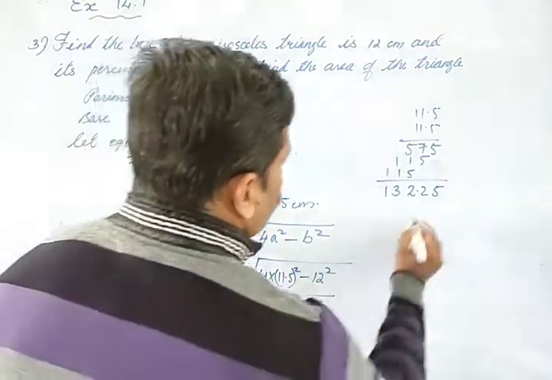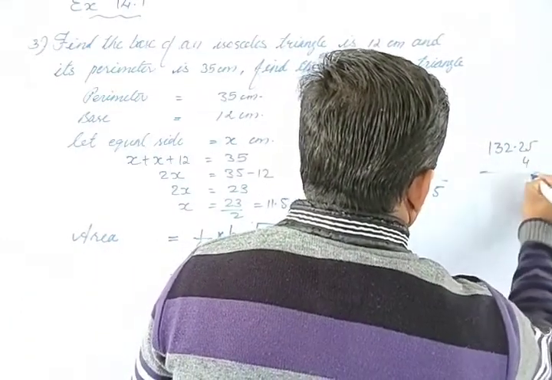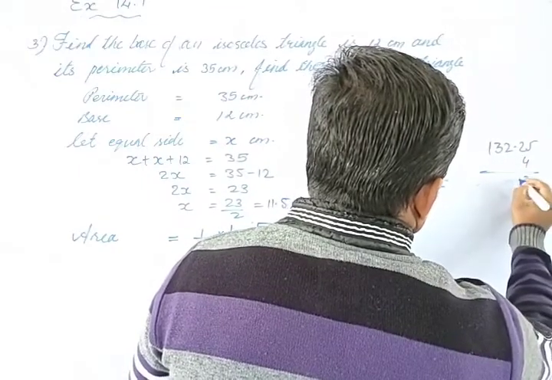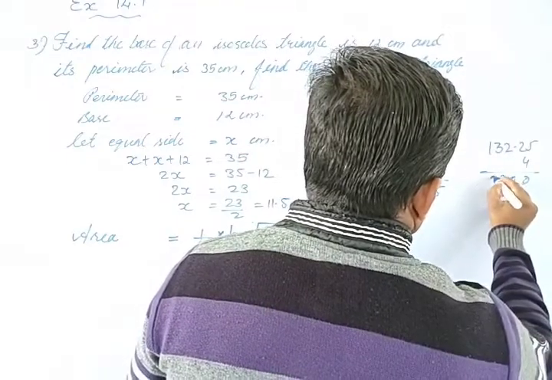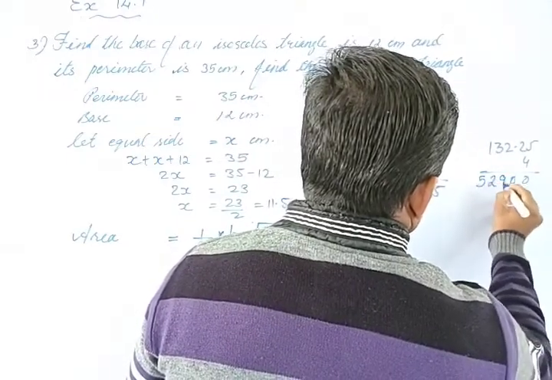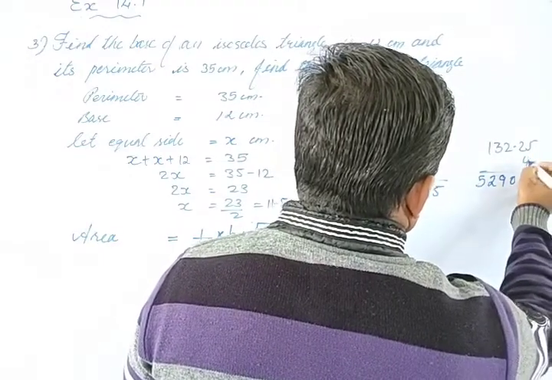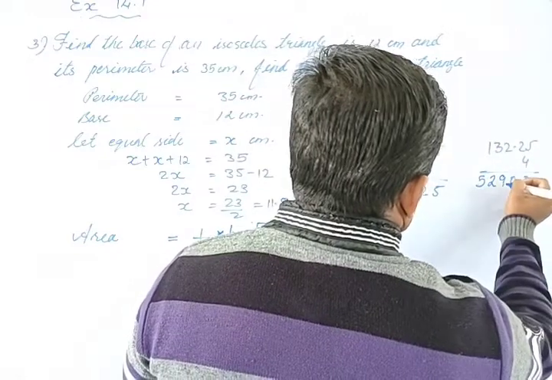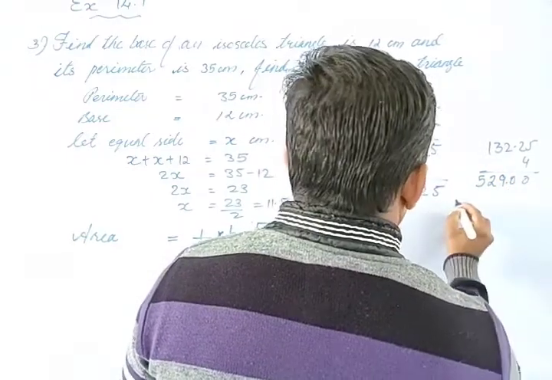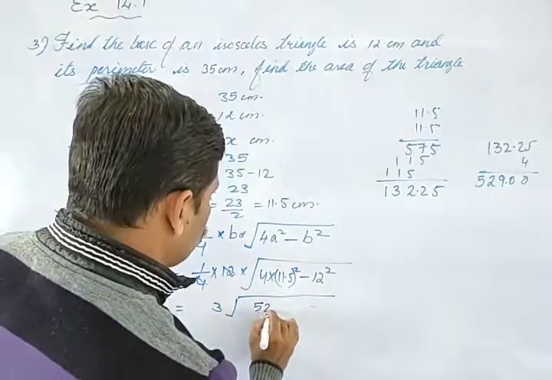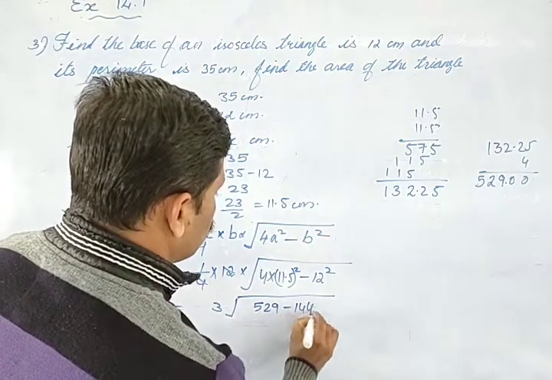And into 4, that also we can 132.25 into 4. That means 529 minus 12 square, 144.